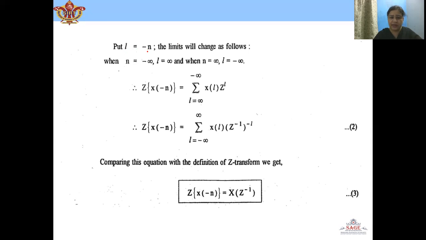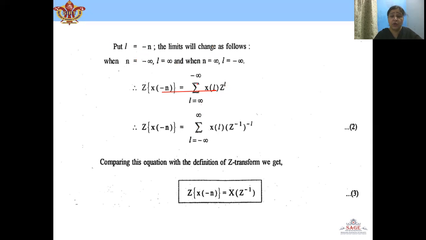So l is equal to minus n. Since we are changing the variable from n to l, the limits will also change. When n is equal to minus infinity, which was the lower limit, l will be infinity. And when n is equal to infinity, l will be minus infinity. So here, the limit will be l equal to infinity to minus infinity, x[l] z raised to power l.